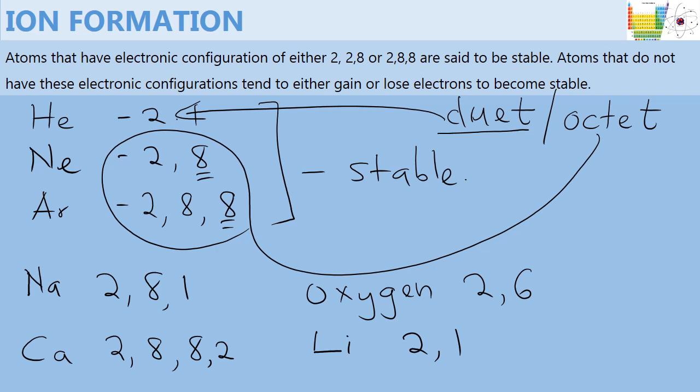Therefore, all these plus all the others that do not have these configurations are said to be unstable.